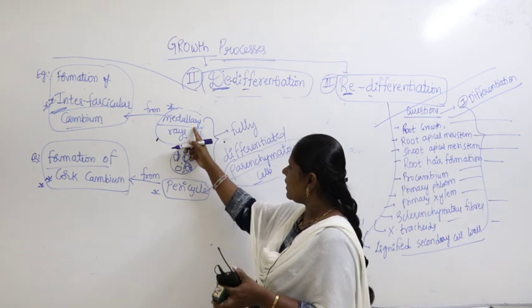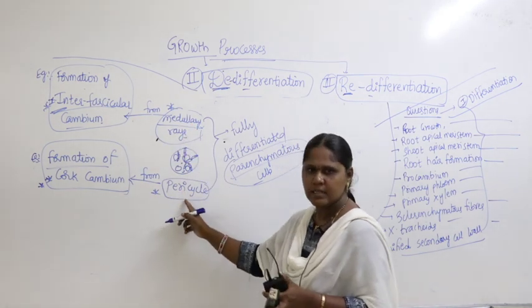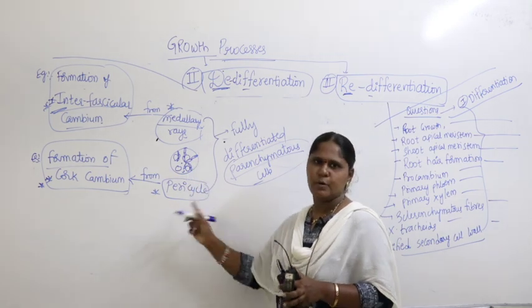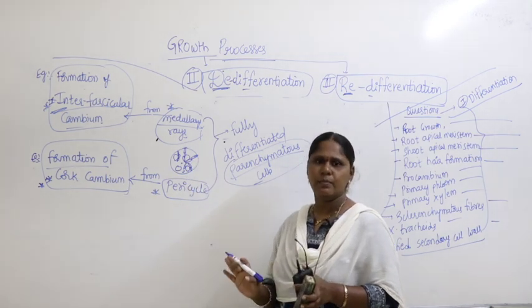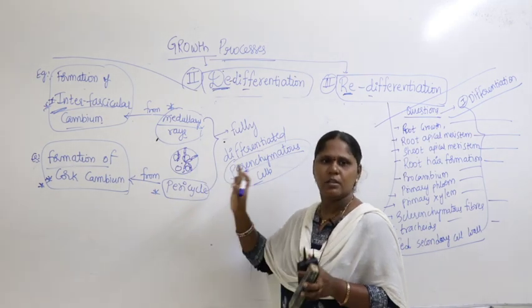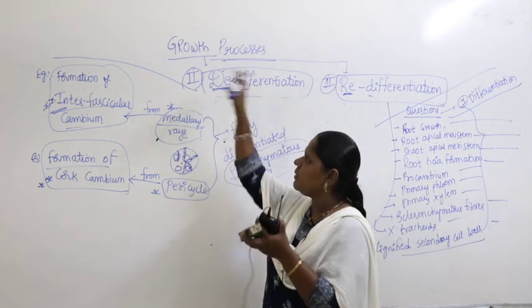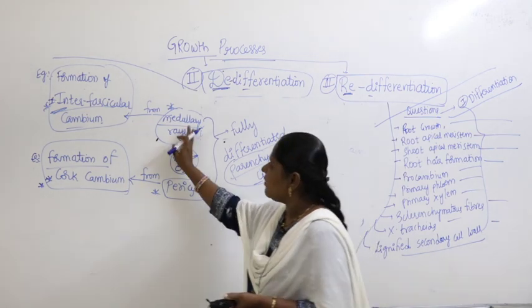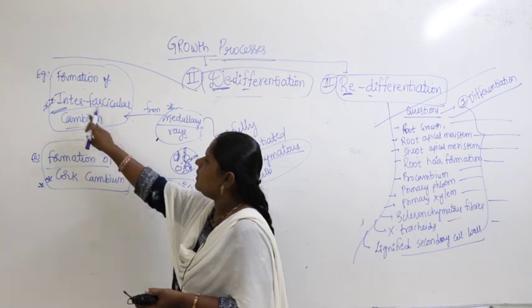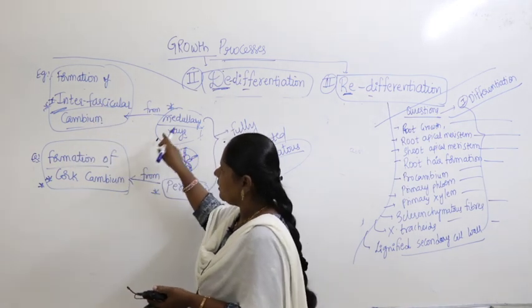So medullary rays and pericycle are formed as a result of differentiation and become permanent cells. After some time, they once again become meristematic and develop into more components like interfascicular cambium, which develops from medullary rays.